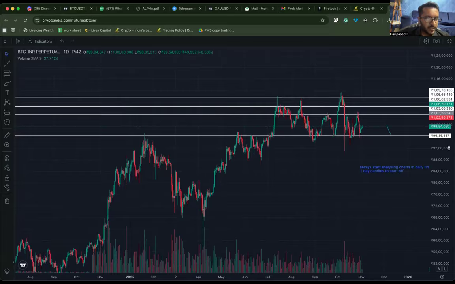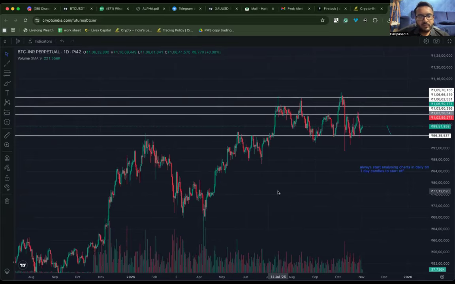This is the overall trend of Bitcoin. It has definitely been looking bullish, if I have a look over here.